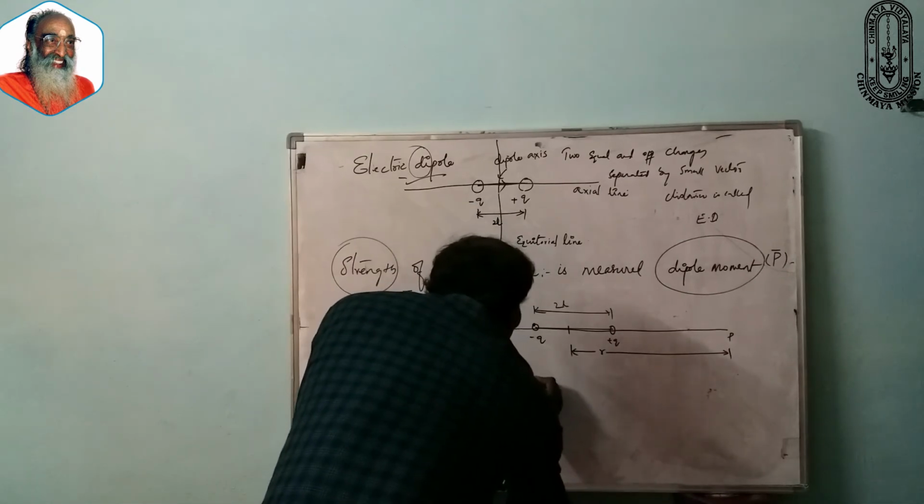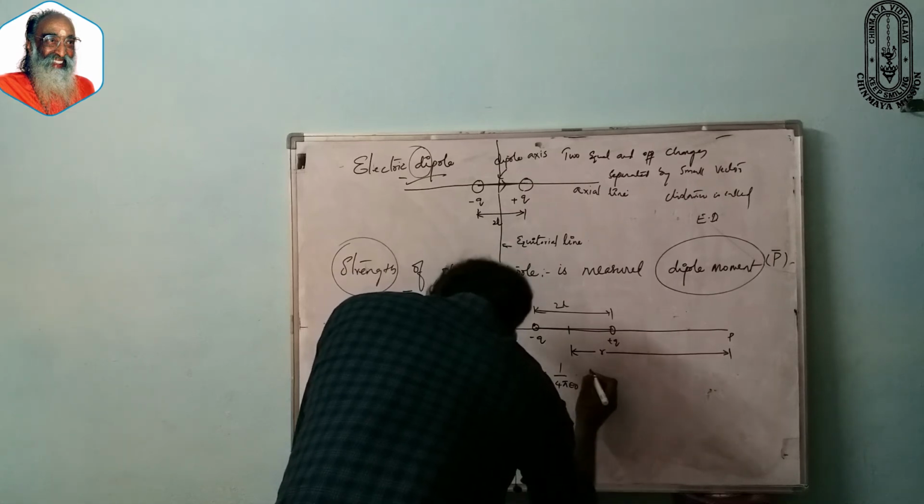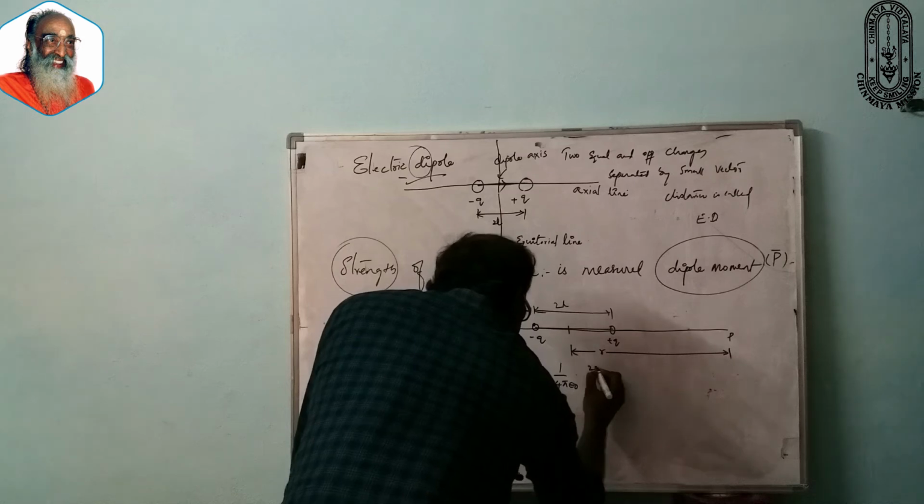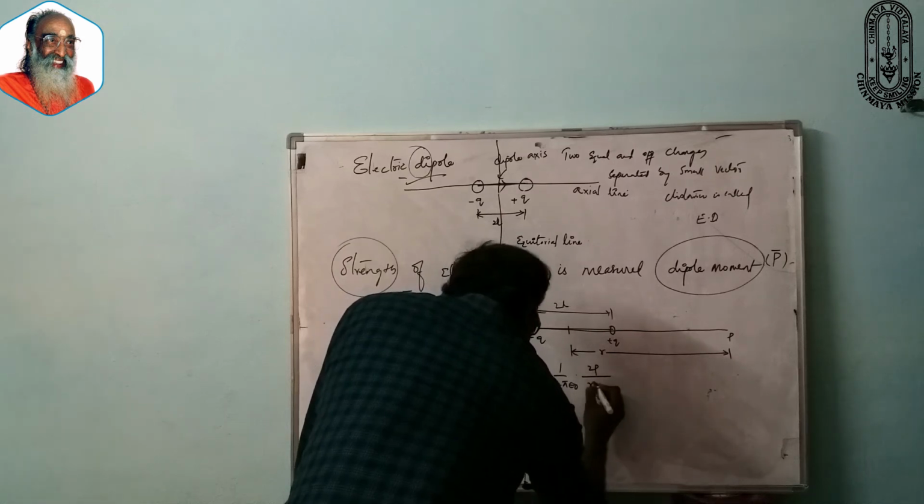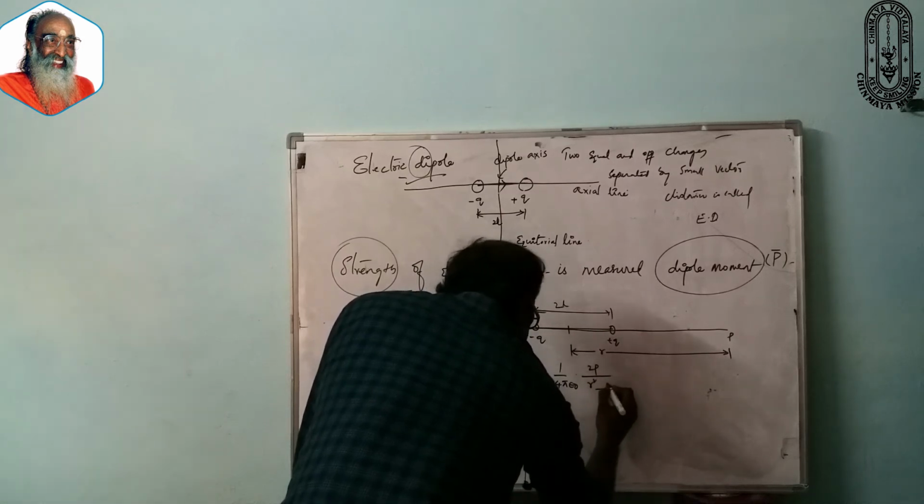So now here the value is given by the electric intensity on the axial line. It is 1 by 4 pi epsilon naught, and it is 2pr by (r square minus l square) whole square.